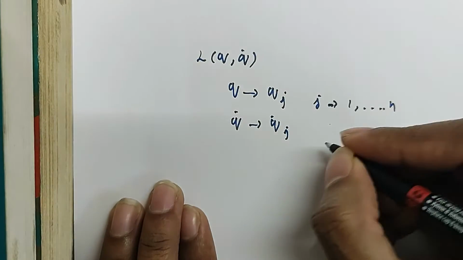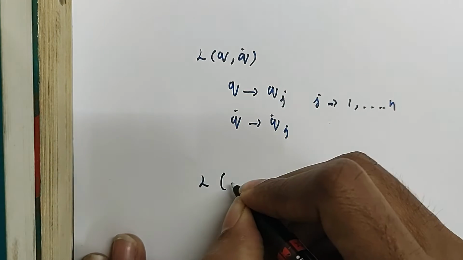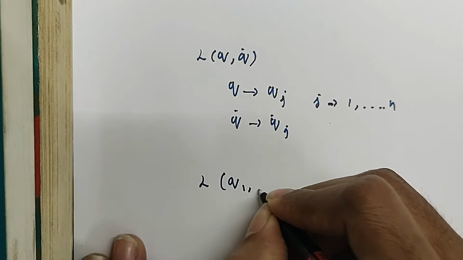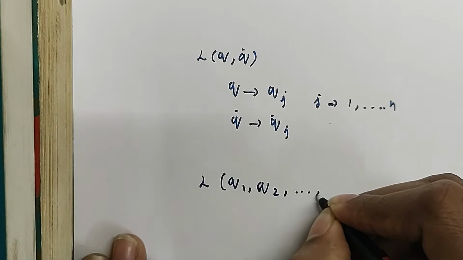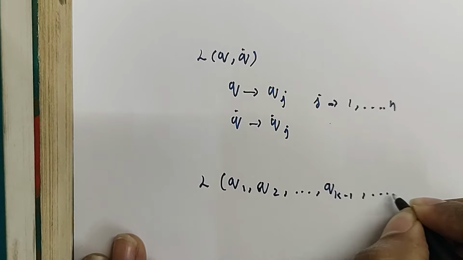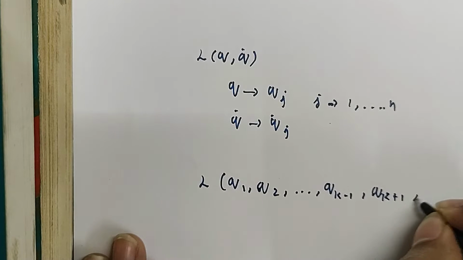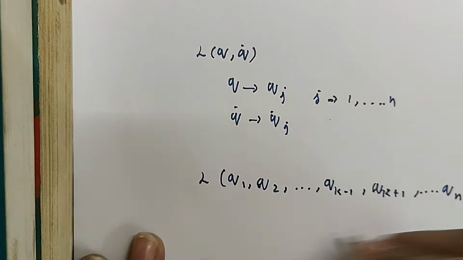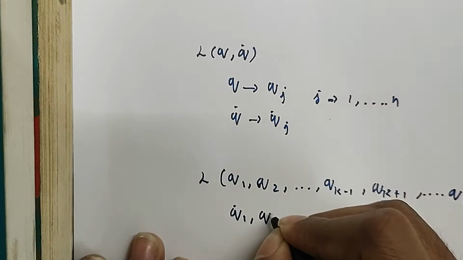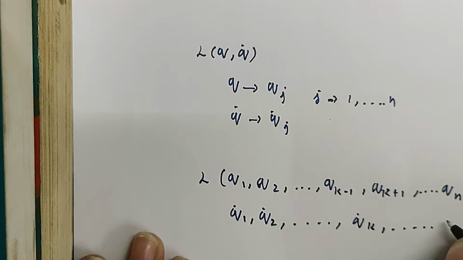If any one of the coordinates, let me expand this: q1, q2, and so on, q k minus 1, qk plus 1, and so on up to qn, and then we have q dot 1, q dot 2, and so on, q dot k, and so on up to q dot n.